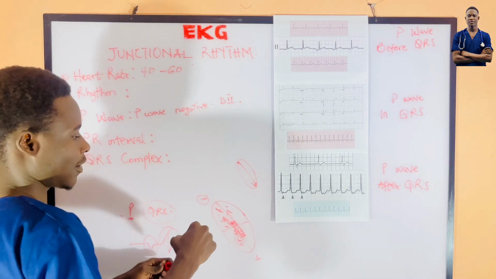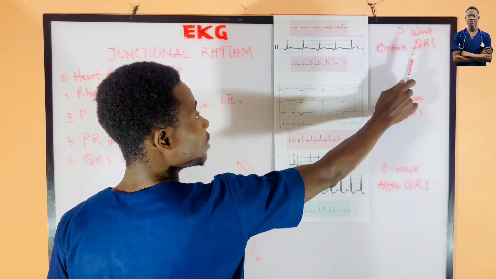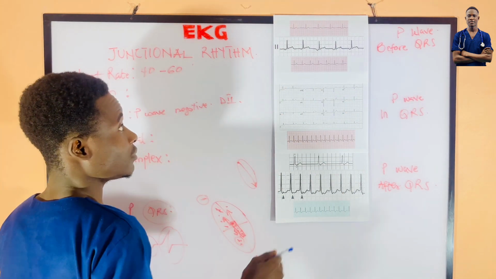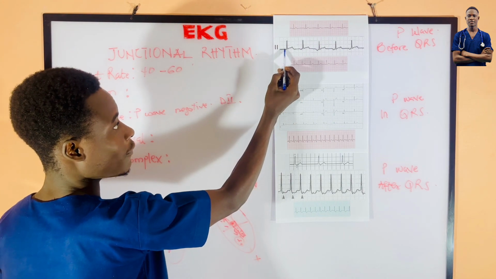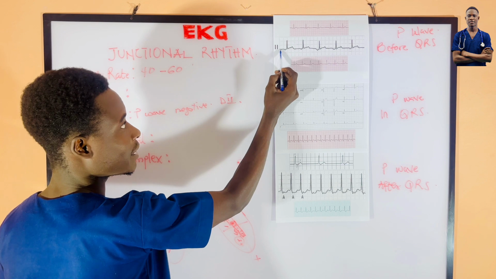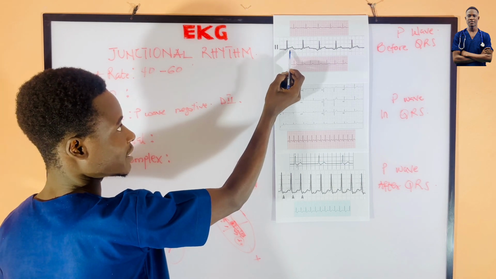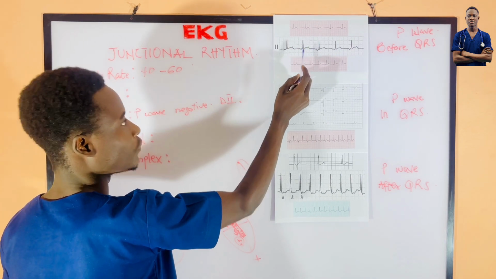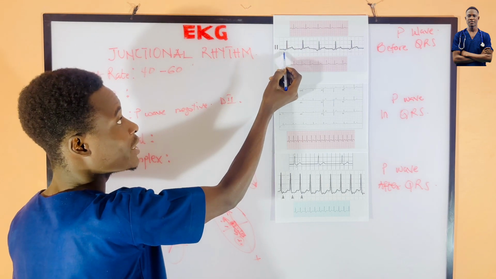Now let's look at our graph over here. This is our P wave before the QRS complex. You see, can you see? We have a negative reading over here. This is our P wave. P QRS complex T, P QRS complex T. Now, this is giving us a negative reading.